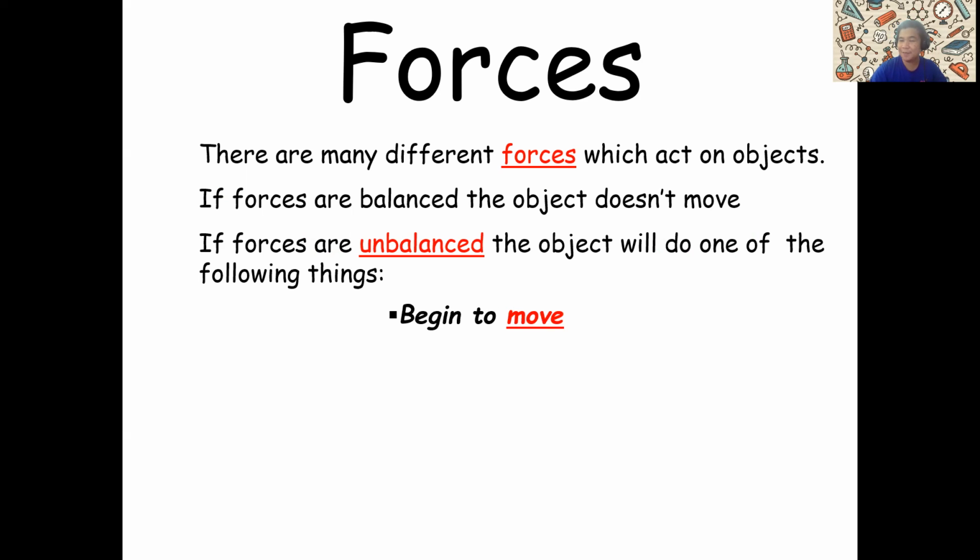If the forces are unbalanced, the objects that have the force will begin to move, okay? They will slowly begin to move. Second, if they are currently moving, they will stop moving. Or they change direction, okay?